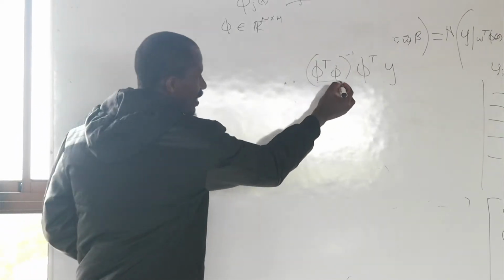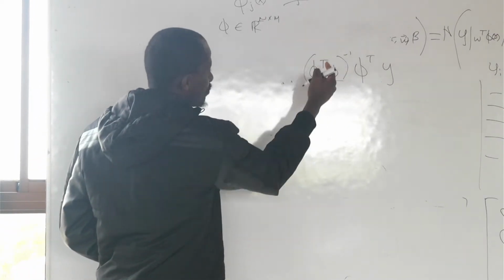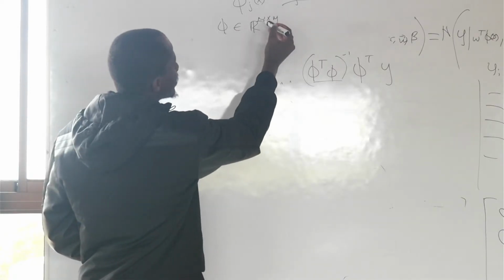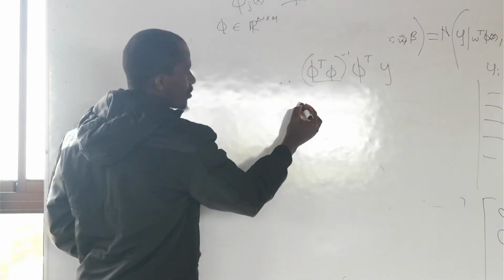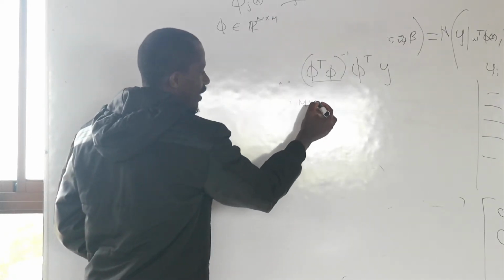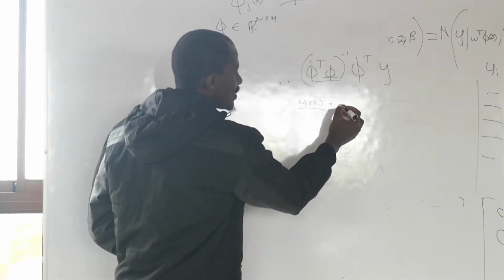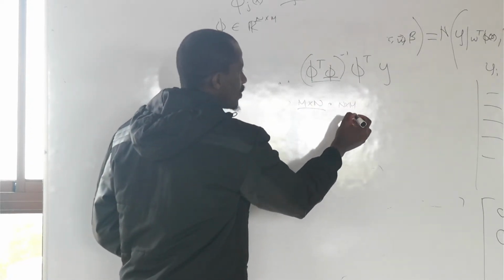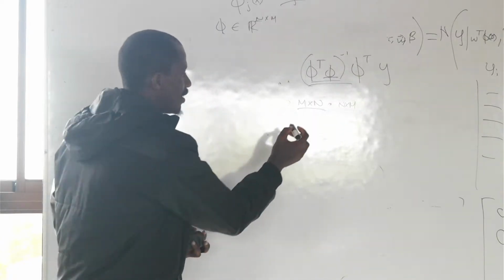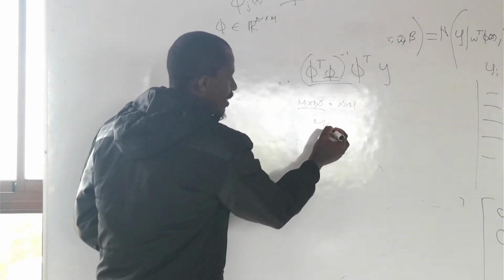So if phi is n by m, then phi transpose is m by n, isn't it? And then you're multiplying this with phi, which is n by m. So this here is an m by m matrix.